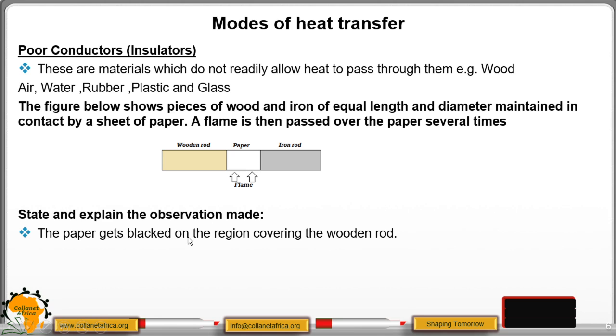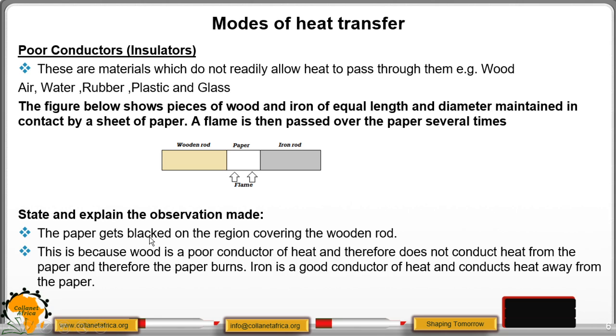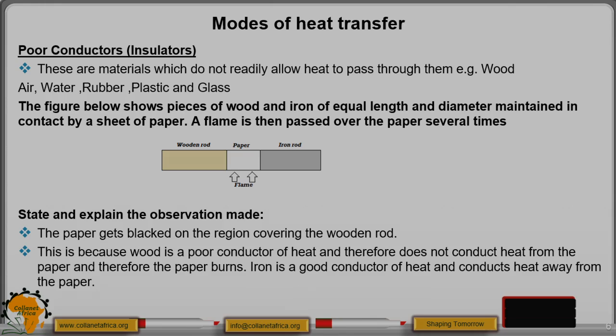The paper gets blackened on the region covering the wood, and this is because wood is a poor conductor of heat, and it did not conduct away heat from the paper, and therefore that heat burnt the paper. While iron is a good conductor of heat, it conducted away heat from the paper, and therefore on that part the paper remained unburnt.